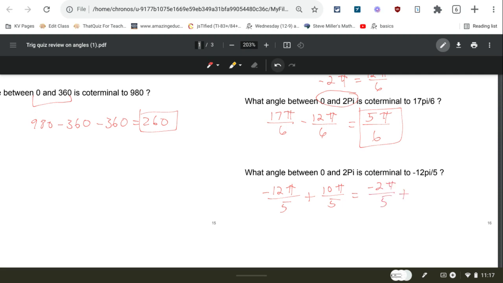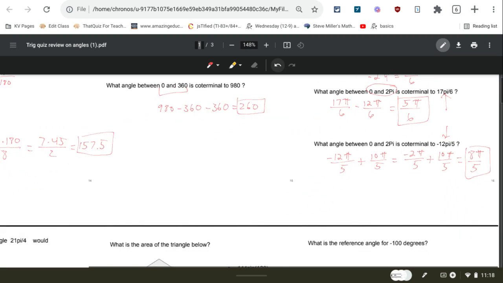We're going to have to do it one more time to bring us into the positives, and that's going to give us 8 pi over 5. That's it. And if you prefer, you could just take this number right here or that number right there. You could convert it into degrees and then work it out in degrees, using 360 instead of the 2 pi's if you'd rather. All right, next.